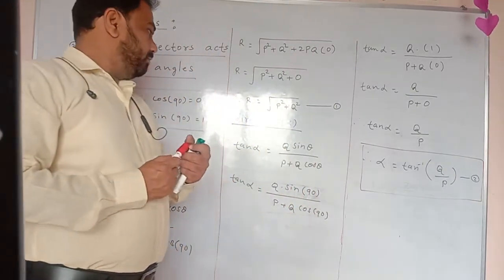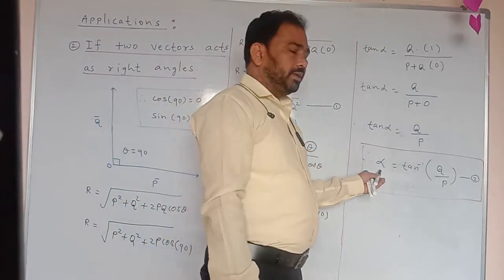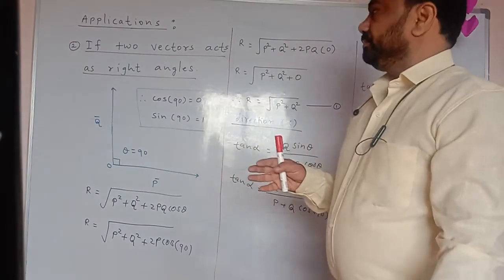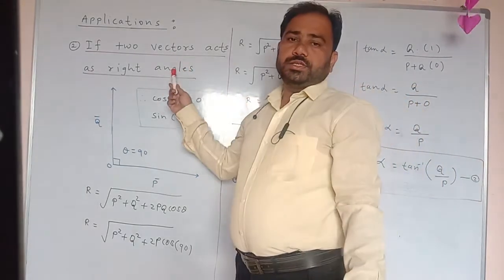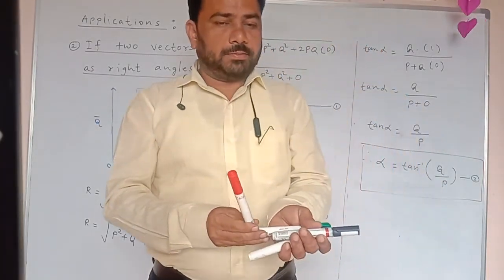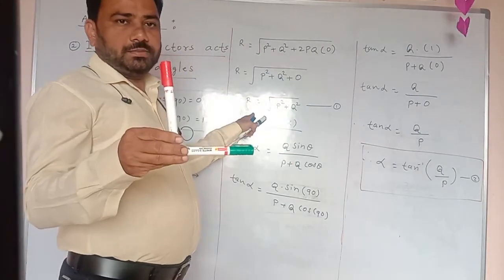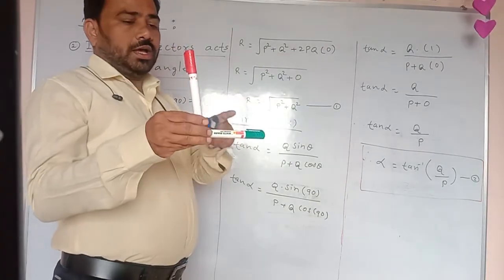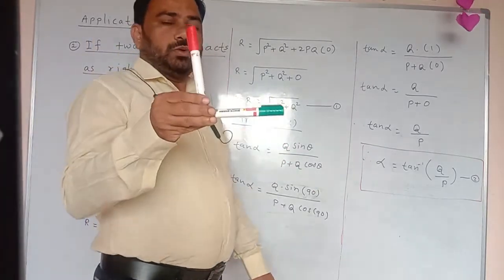You have to remember these two equations, which are very important in this particular application. The first formula is the resultant R equal to under root P square plus Q square, and the second formula is for direction, that is alpha equal to tan inverse of Q by P. We use these only under this condition: the two vectors must be perpendicular to each other, or acting at a right angle.